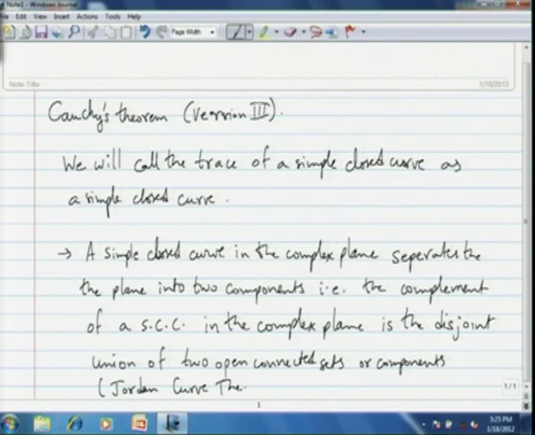So, for simple minded curves, this is reasonably easy to believe. For example, if you consider a circle in the complex plane, then it is clear to see that the complement of the circle is the disk inside the circle and the region outside the circle. But in general, for a simple closed curve, this statement needs a proof, and we are going to assume that this statement is true for a general simple closed curve.